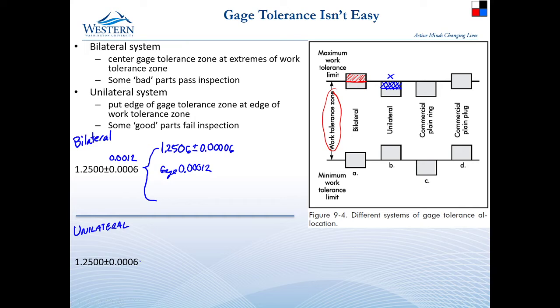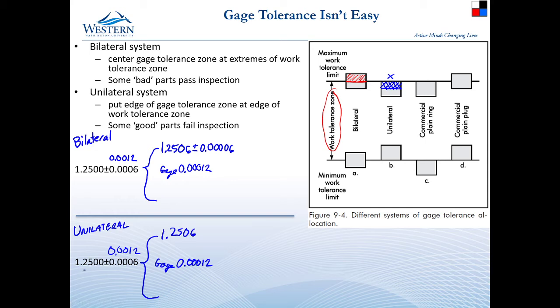If I'm doing the unilateral, I have the same tolerance zone, and so my gauge tolerance is the same, 0.00012. And when I give them the tolerance to make it, my nominal is the same, 1.2506.